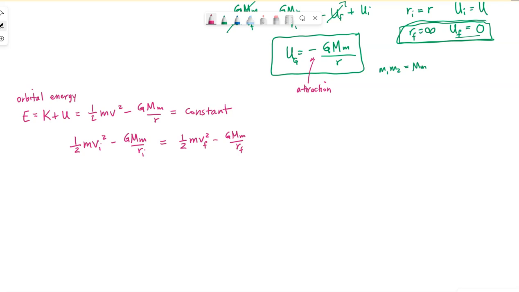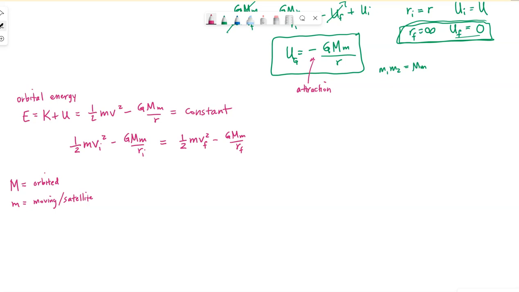Now, in my equation here, I'm using capital M to represent the more massive object, the object that is or will be orbited, the biggest object involved. Lowercase m is the moving object, the satellite, the asteroid, the smaller object that is either in orbit or potentially can be in orbit.